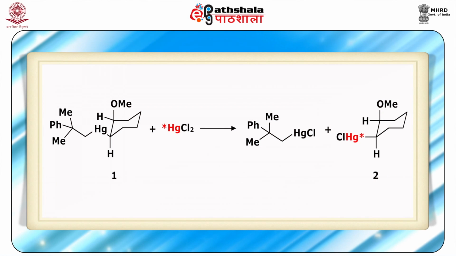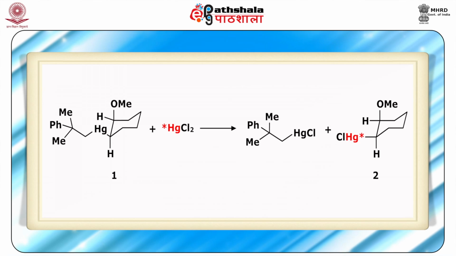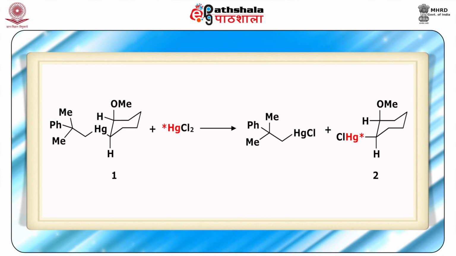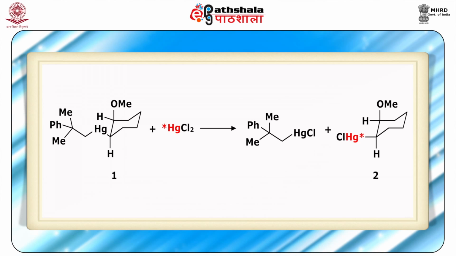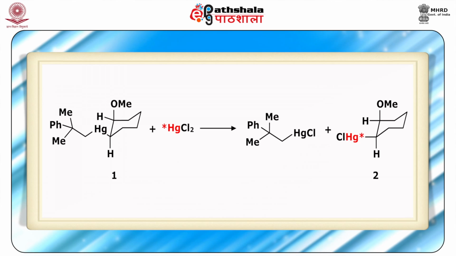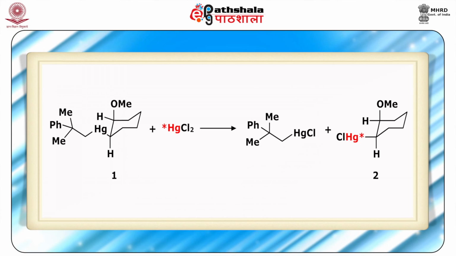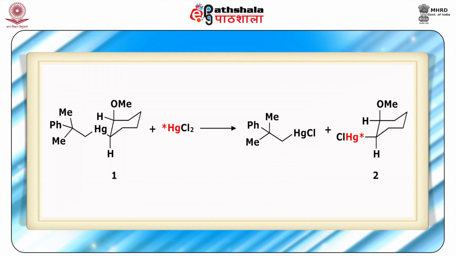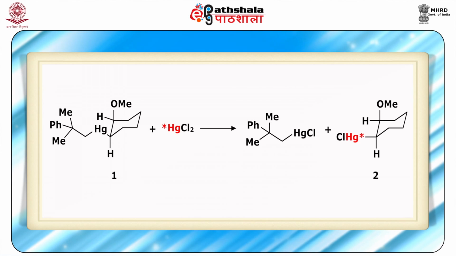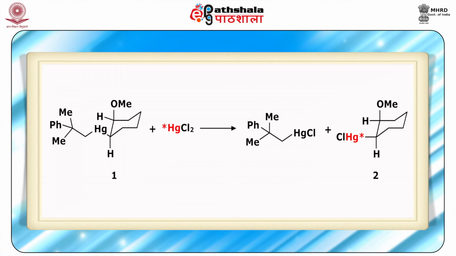For example, as you can see here, in this equation compound 1 was treated with labeled mercuric chloride, and the product 2 is produced with 100% retention of configuration. Thereby, out of the SE2 back and SE2 front mechanisms, it clearly implies that it is going through the SE2 front mechanism.